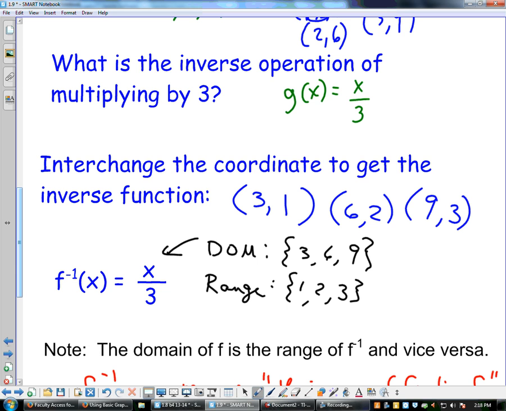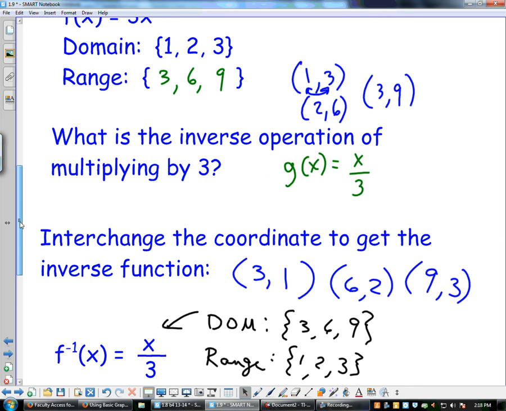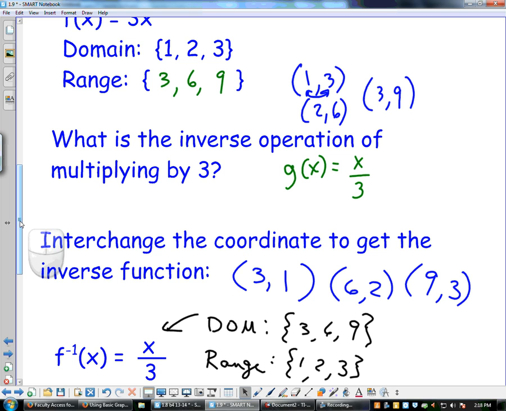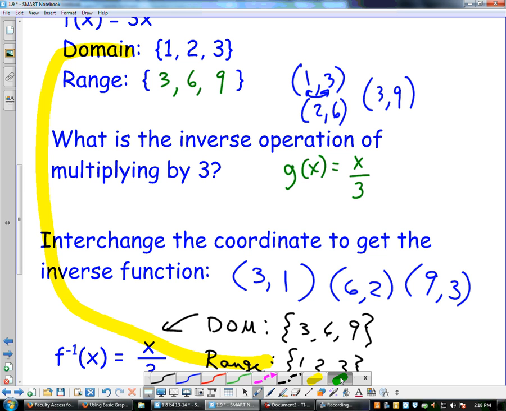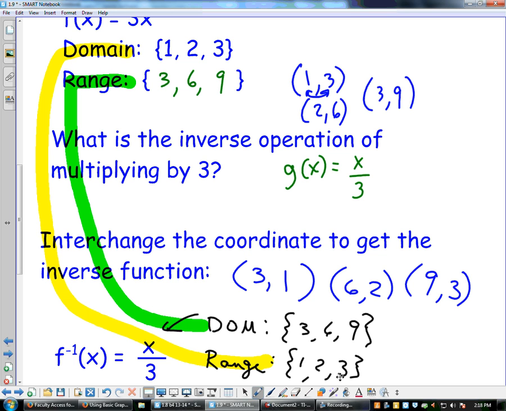So notice the domain of the original became the range of the inverse, right? And the range of the original became the domain of the inverse. Everybody with me? Okay?